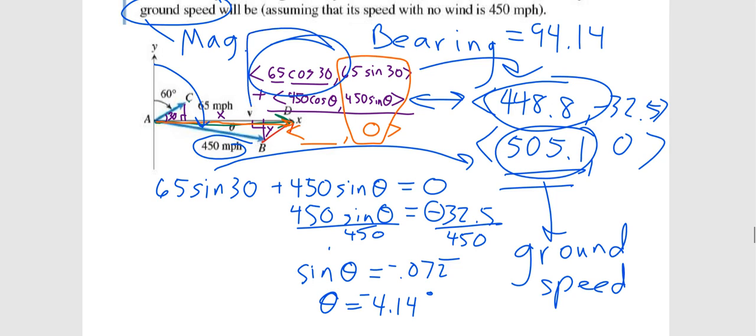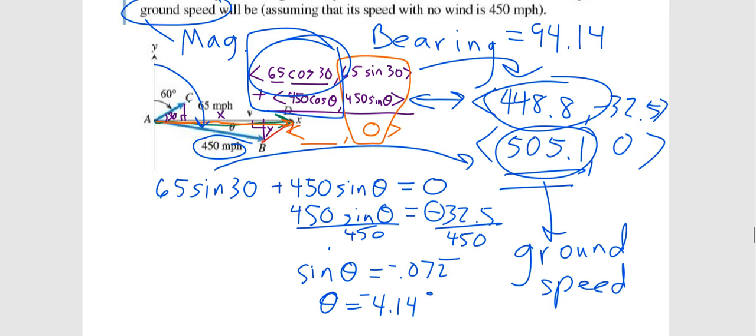Okay, remember, we are going to be adding these two vectors together. We knew that the y's added together to give us 0, based on the picture. We were trying to find what the x's would give us, but we didn't know that at first because we didn't know what theta was. So the first thing we did was find theta, negative 4.14. Then we could go back up and plug it in to find the sum of the x's.